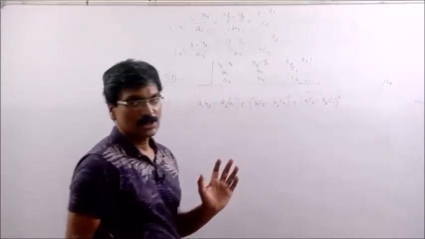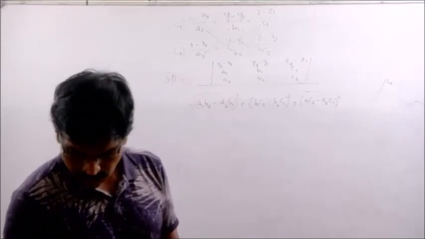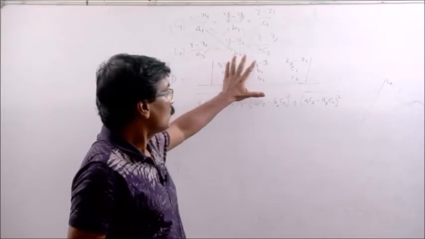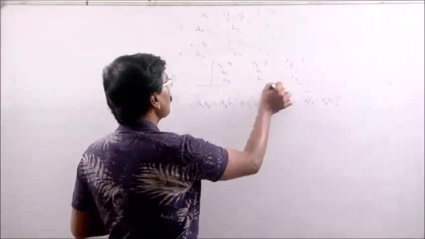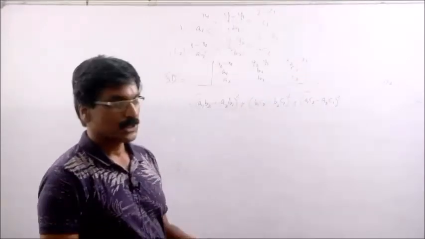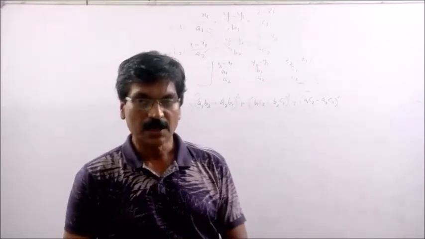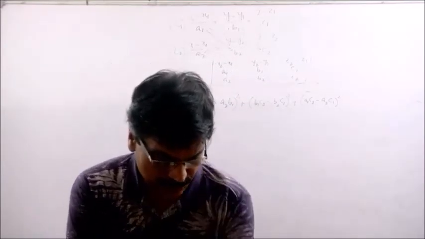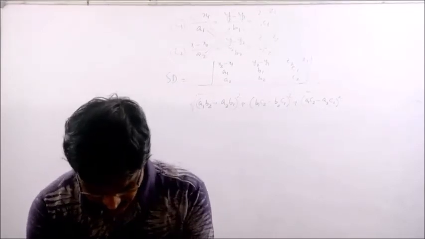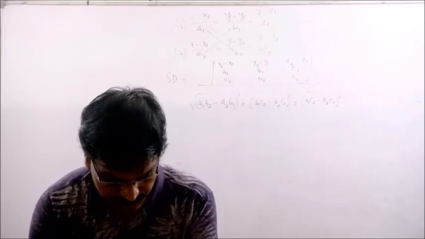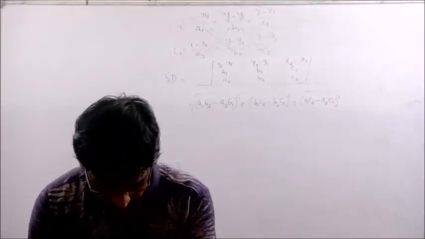So, this is the shortest distance between two lines. If two lines are coplanar, then the numerator term is 0. Provided the two lines are not coplanar, the distance between them will be the shortest distance. So, that is in Cartesian form.